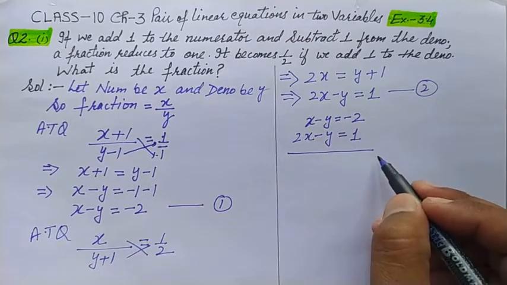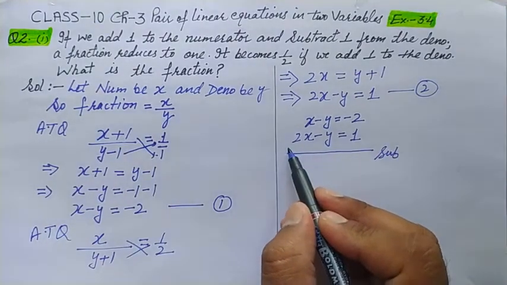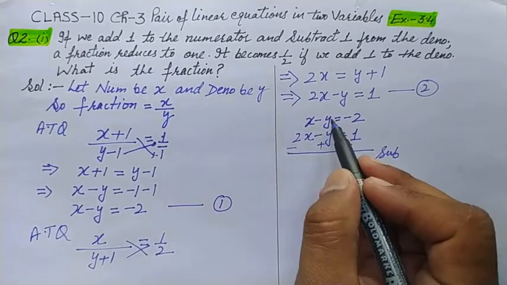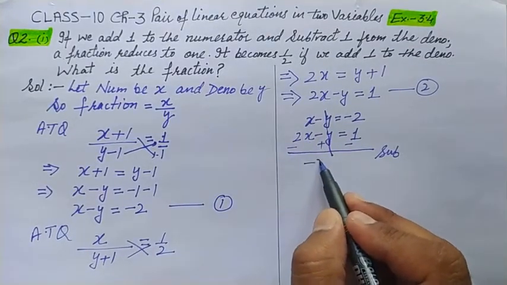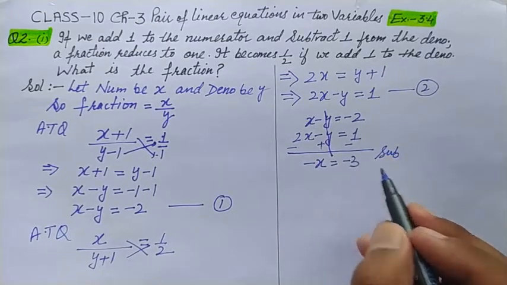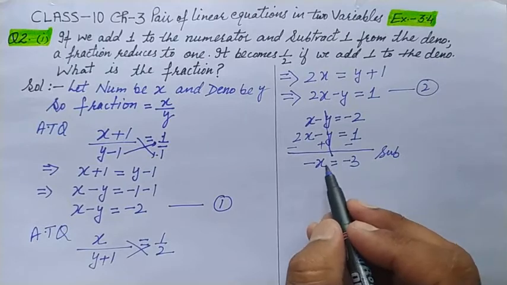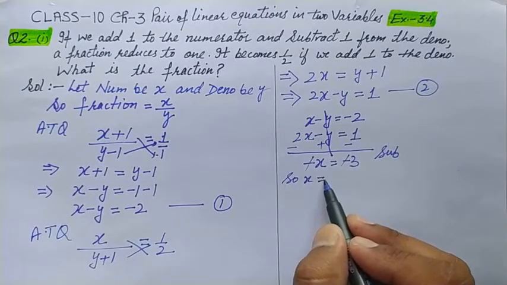So we have to subtract these equations. So here signs will be changed, minus, here plus, here minus. So cancelled. Now x minus 2x is minus x is equal to minus 2 minus 1, which is minus 3. So minus x is equal to minus 3, minus minus is cancelled. So x is equal to 3.